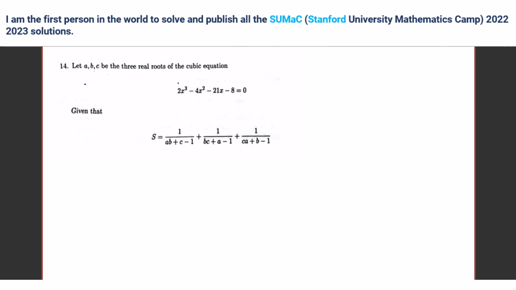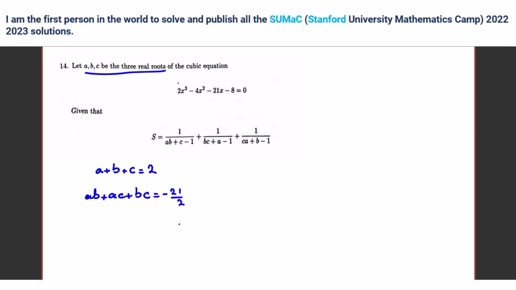Vieta's, let me see. A, B, C are roots. Yes. So a plus b plus c is 4 over 2, so it's 2. Yes, and ab plus ac plus bc, it is minus 21/2.